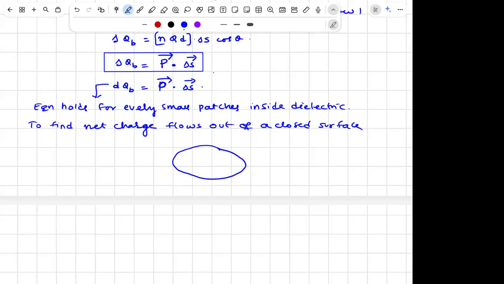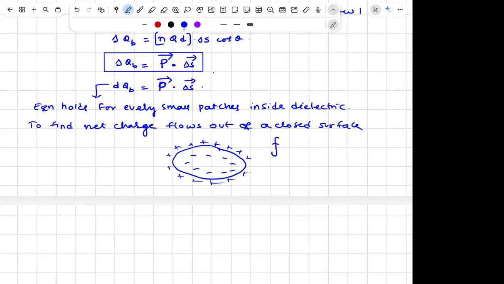So you have a bound charge that is crossing this surface. This is in, and what I have written is out.